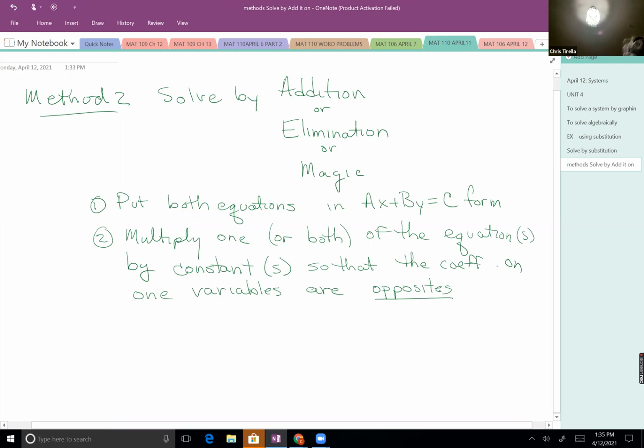So we want them to have the same number, different signs, same absolute value, I guess we should say, different signs.